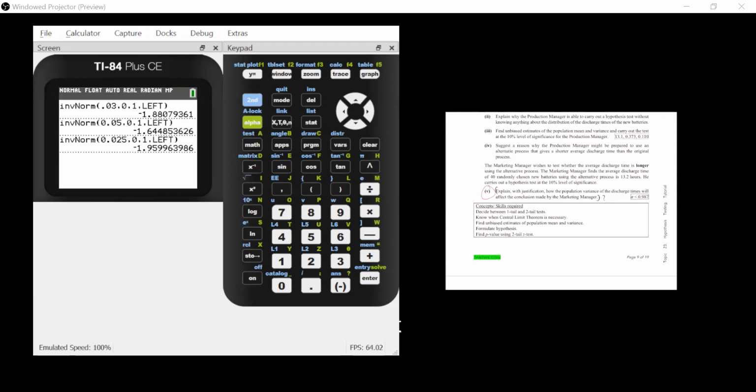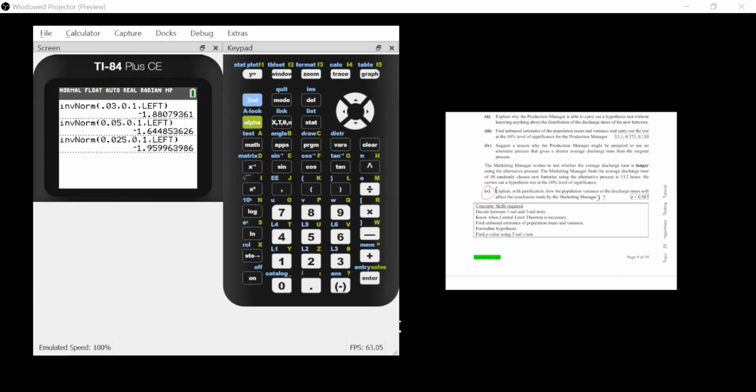Part 5, explain with justification how the population variance of the discharge times will affect the conclusion made by the marketing manager. Okay. In this case, if you change your sigma, then you may change your conclusion about whether you reject H naught or not. So the answer they gave was what?